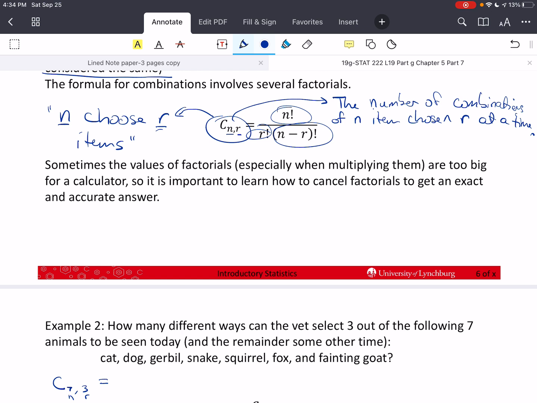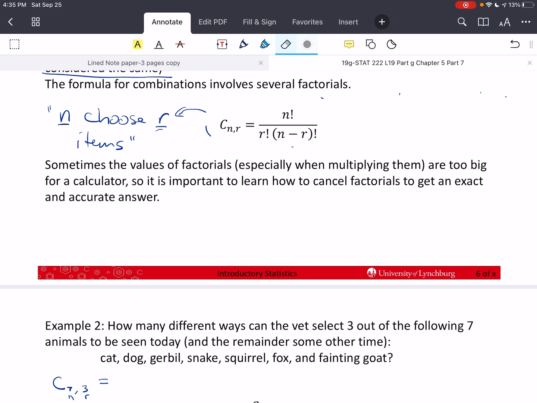So looking at our formula up here, we have N factorial on the top. I'm going to write out the formula first: N factorial over R factorial times N minus R factorial.